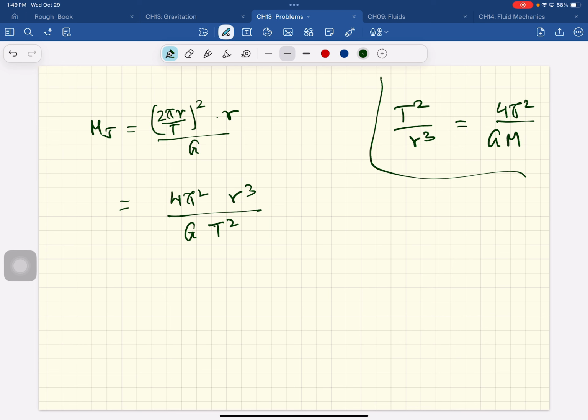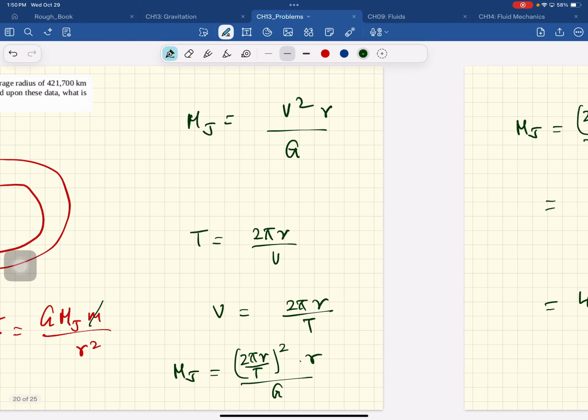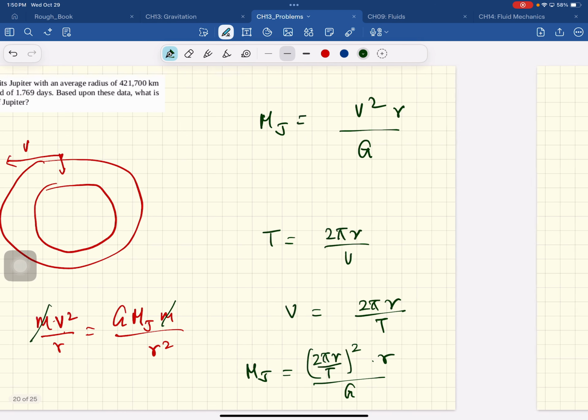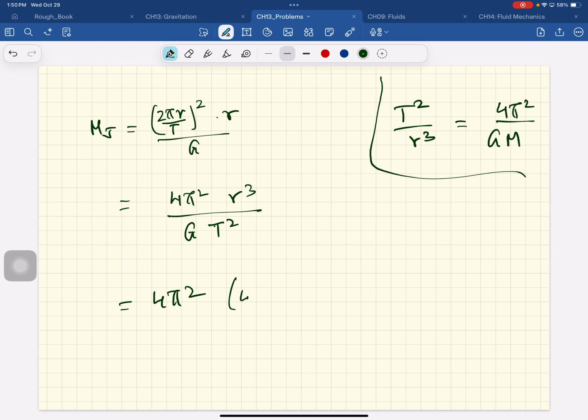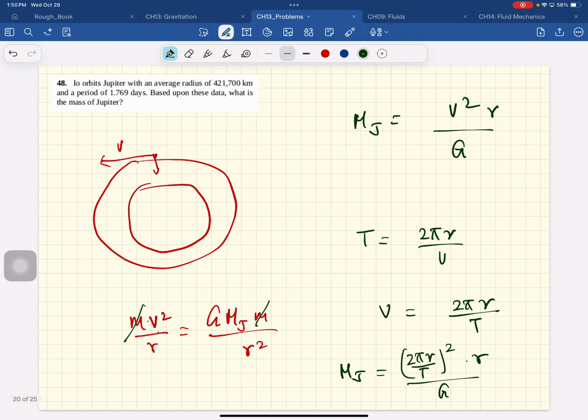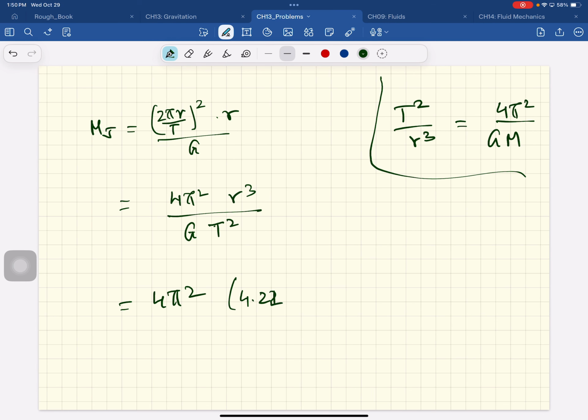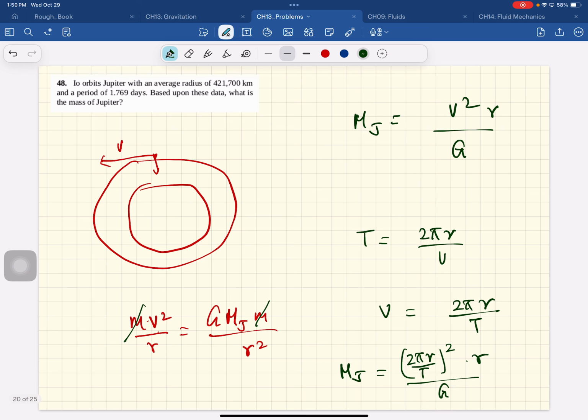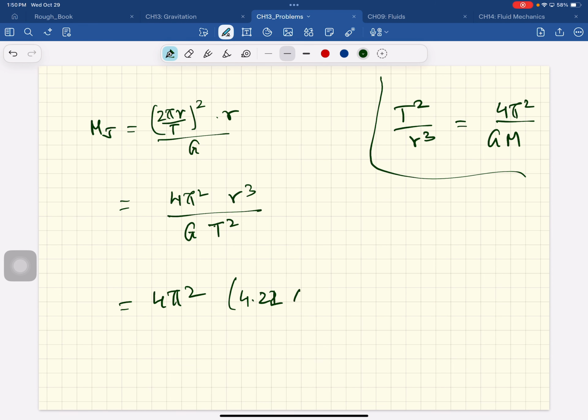We know the orbital radius of the moon. We know the period. So we'll put all of this information in. So 4 pi squared. What is the orbital radius? 4,201 kilometers, 4.21 into 10 to the 5, 10 to the 8 meters cubed.